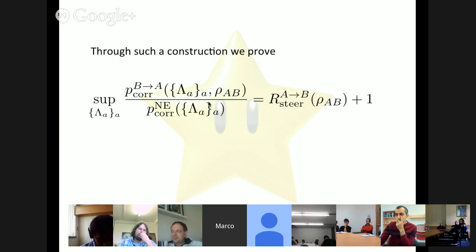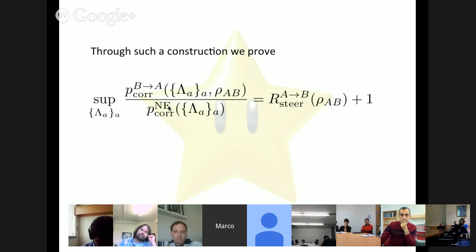So let me state again that if you disregard this +1, the probability of success in discriminating the subchannels using this input state rho AD and one-way LOCC measurement is the robustness of steering of the state fold the probability that you can obtain without entanglement.